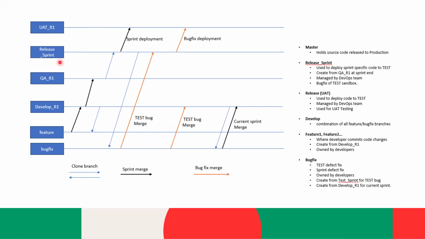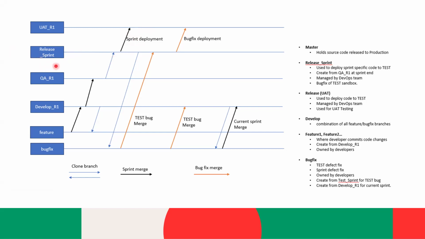Now you know that we don't want our old release sprint, so you can delete that branch. If that branch is required for your bug fix, you need to keep that release branch. If in the next sprint we already created our new branches and can refer to those for the UAT deployment, you can delete the older one.